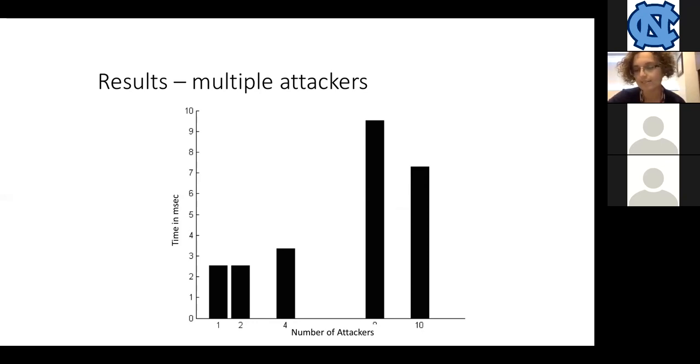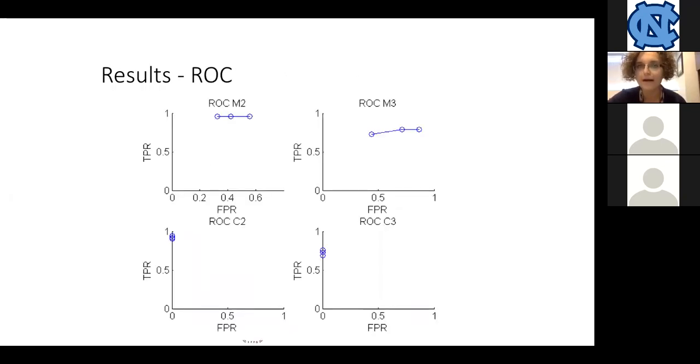Like I said, there's still work to be done in scaling up, but in terms of accuracy, the results were very good because we were running only one attack, of course, in the network. Here I'm presenting our receiver operating characteristic curves on different monitors, monitor 2, monitor 3, and you can see that there's a high true positive rate and the false positive rate is quite low.